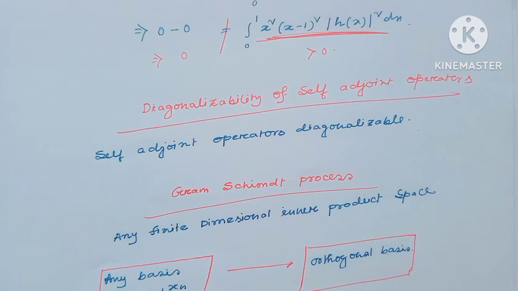Now I will discuss diagonalizability of a self-adjoint operator. Actually, a self-adjoint operator is always diagonalizable.